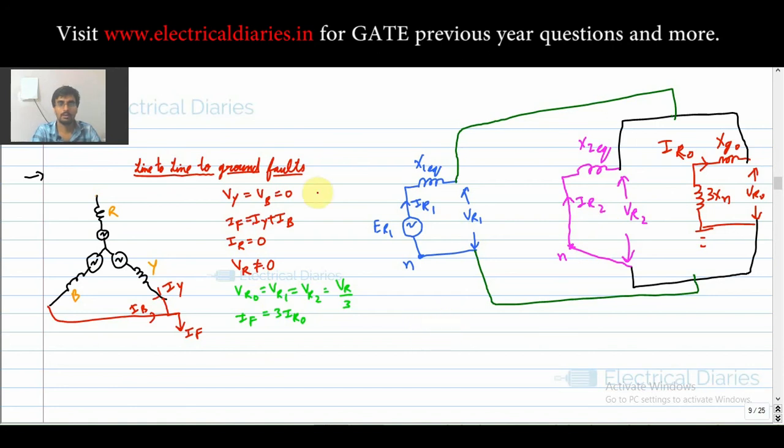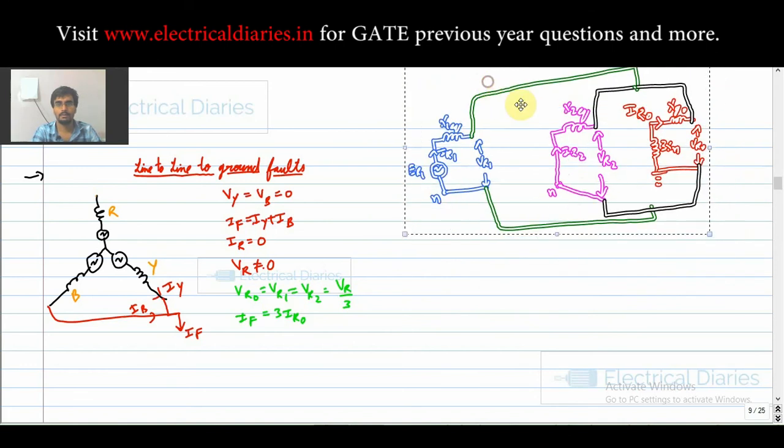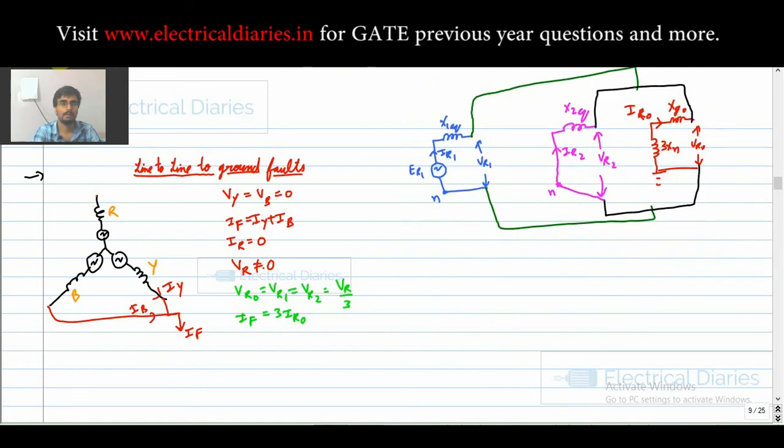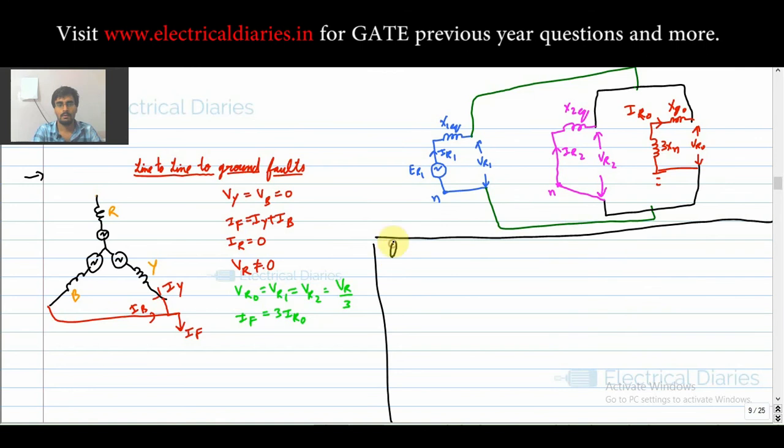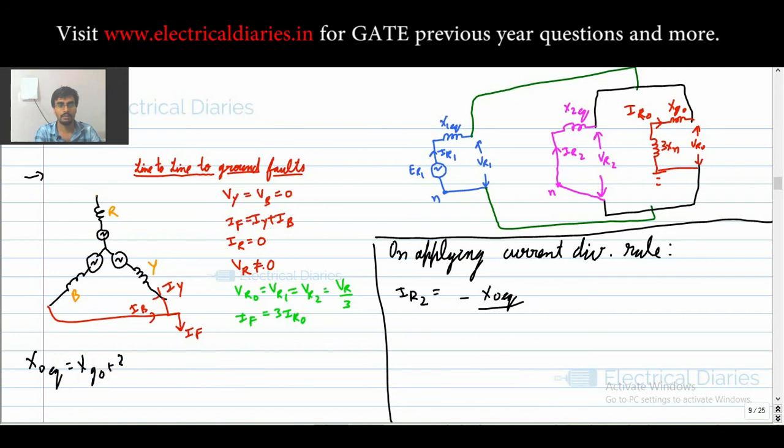On applying the current division rule, your IR2 will come out to be minus X0 equivalent divided by X0 plus X2 equivalent, into IR1, where X0 equivalent is Xg0 plus 3Xn.